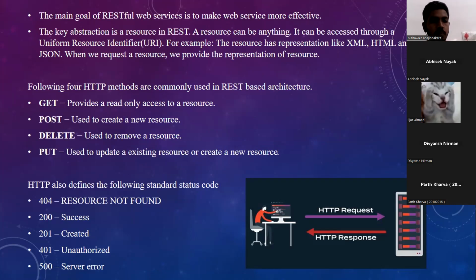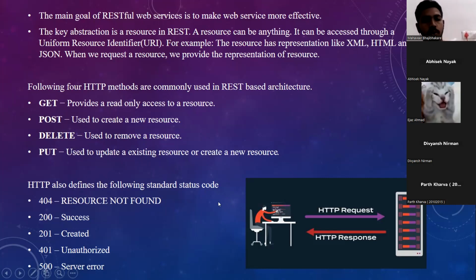Next is the POST method, where we can create a new resource in the database. The third one is the DELETE method, where we can remove the resources we want. And then PUT, if we want to update a resource in the database or on the server; with its help we can update a resource or create a new one.